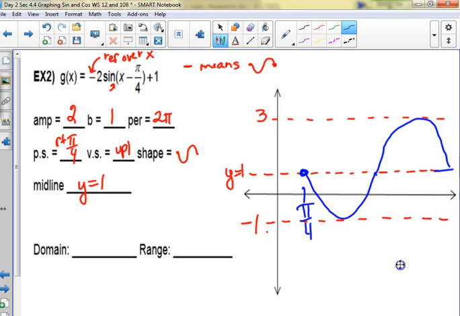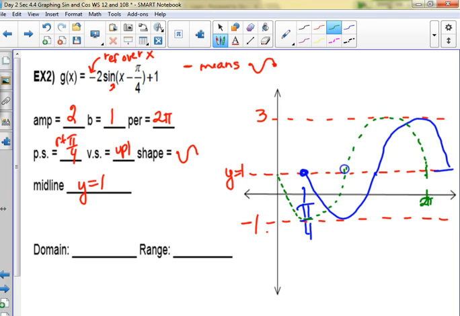Now, some of you are going to really struggle with this, the phase shift part. So what I'm going to do real quick is pretend it didn't have a phase shift. If it didn't have a phase shift, guys, and the period was 2 pi, this spot right here would be 2 pi, right?